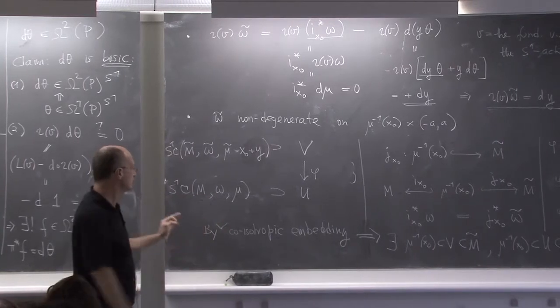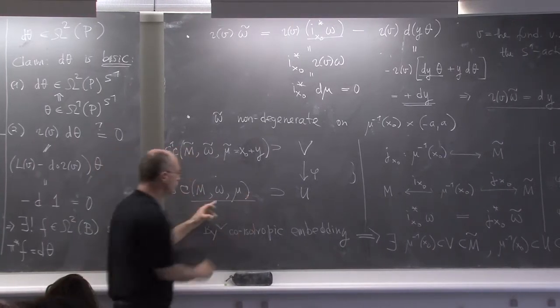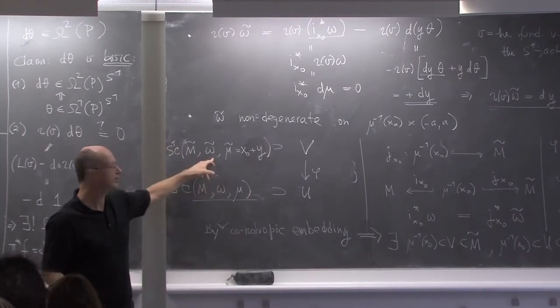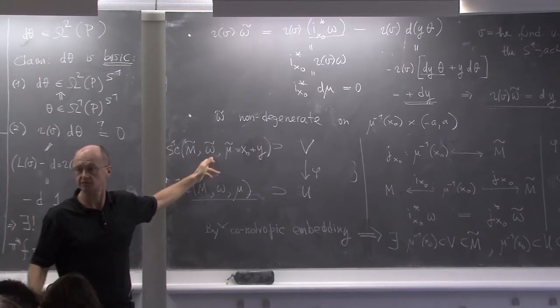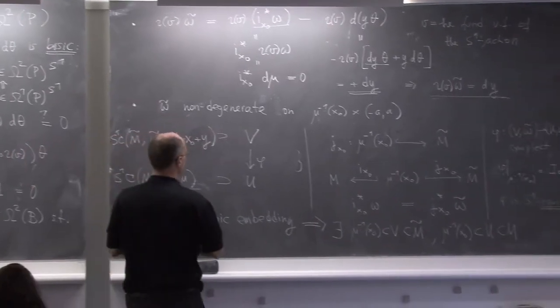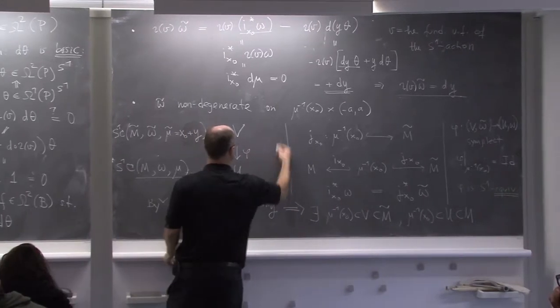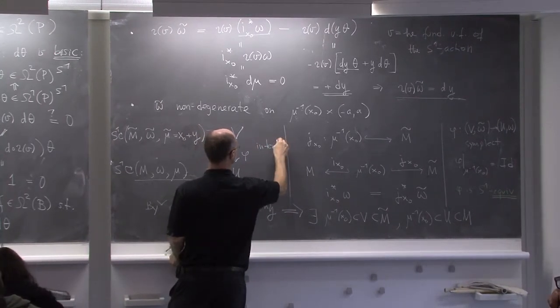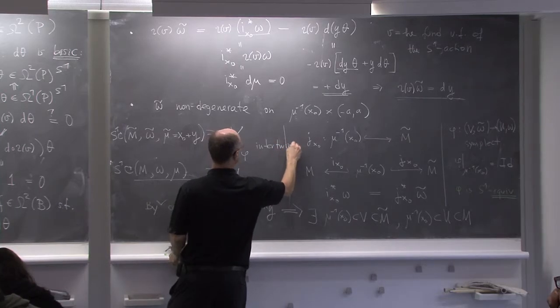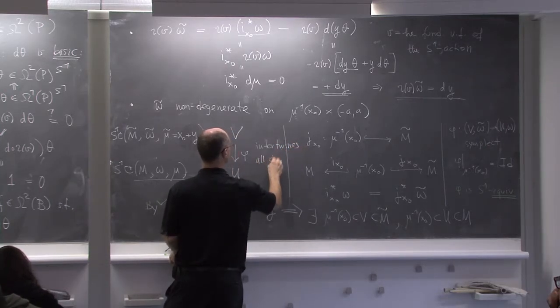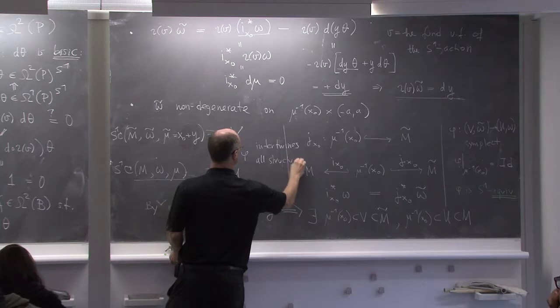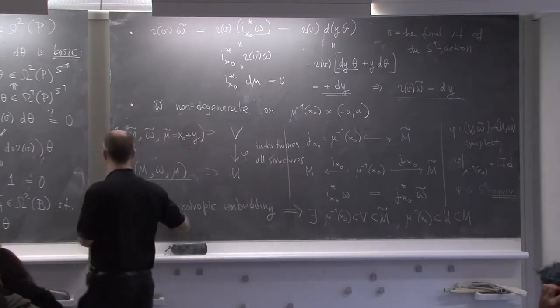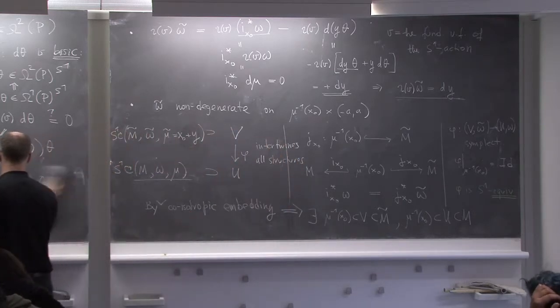This means that whatever we want to know, at least locally, about this structure, we can study it here. So now phi intertwines all structures, S1 actions, two forms, and moment maps.